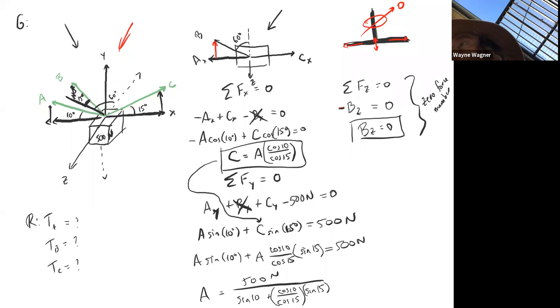Cosine 10 divided by, it's really noisy here, I apologize, cosine 15 times the sine 15, plus the sine of 10. Okay, let's put that on the bottom by raising it to the -1. Let's multiply by 500.